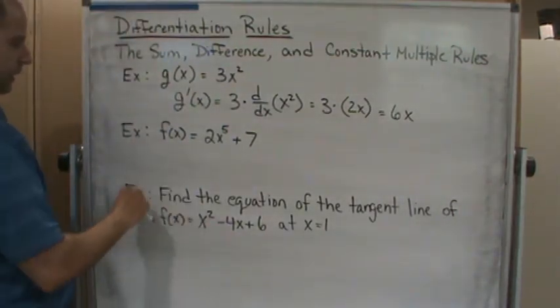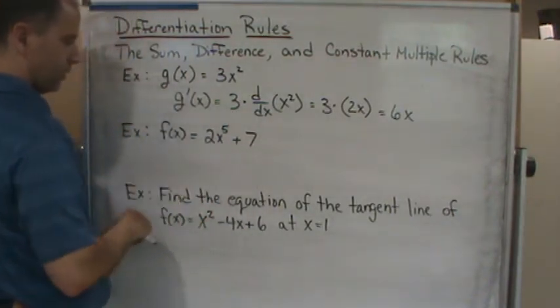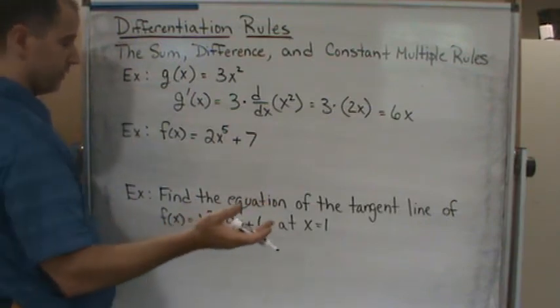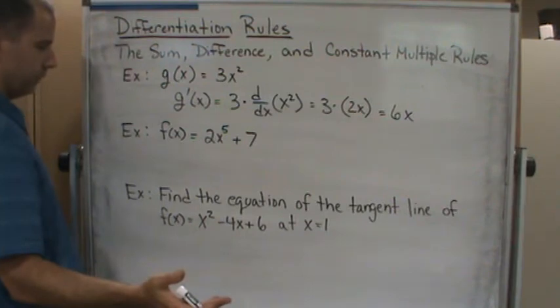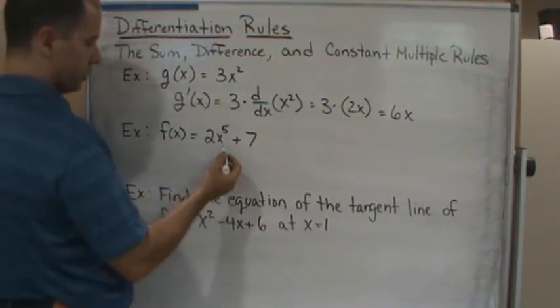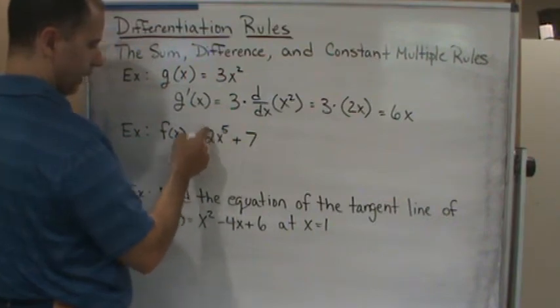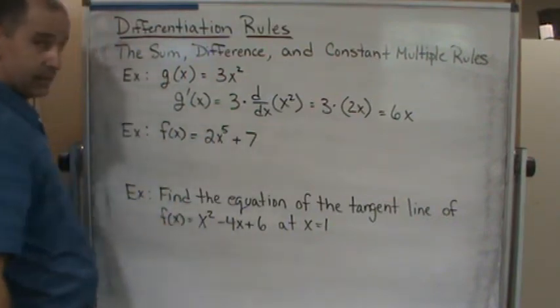Now for this example here, again, we've got a sum of two terms, so it's a polynomial. Since polynomials are continuous, and polynomials are also differentiable everywhere, we can go across this, so we're going to end up having a constant multiple, a power rule, and a constant.